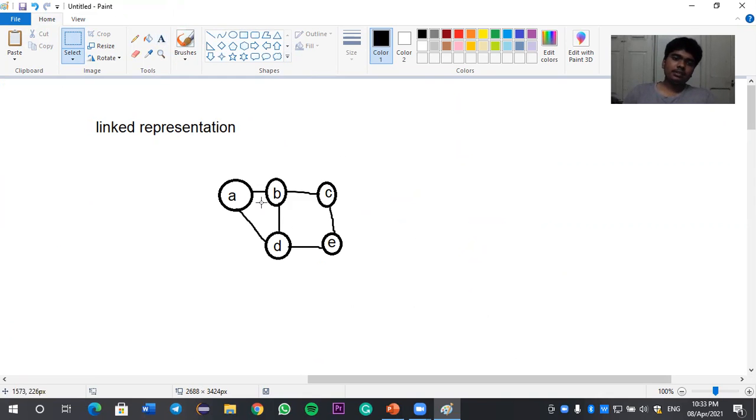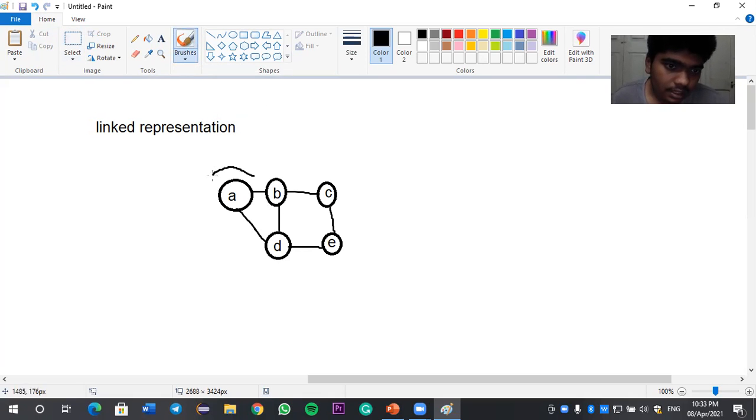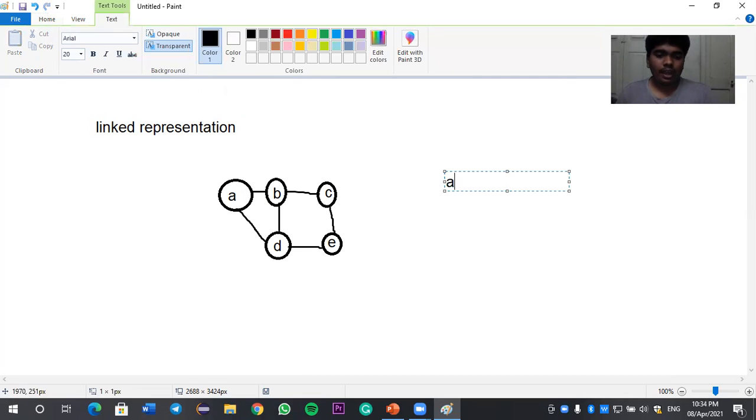So now we can see here, if we take any node in this data, the edges it has are represented as a linked list. So basically for A, we have a chance for traveling to B and also D. So how to represent it in linked list form?